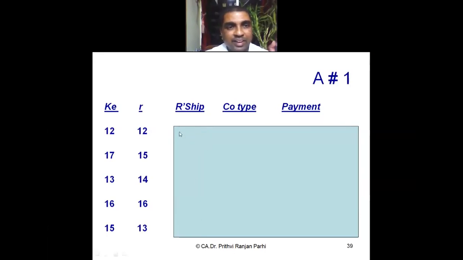Just write one case. First case, let us say KE is equal to R. Second case, KE is more than R. Third case, like this you write down the relationship. Write down all these instances, then we'll check whether answers are right. Quickly write down.